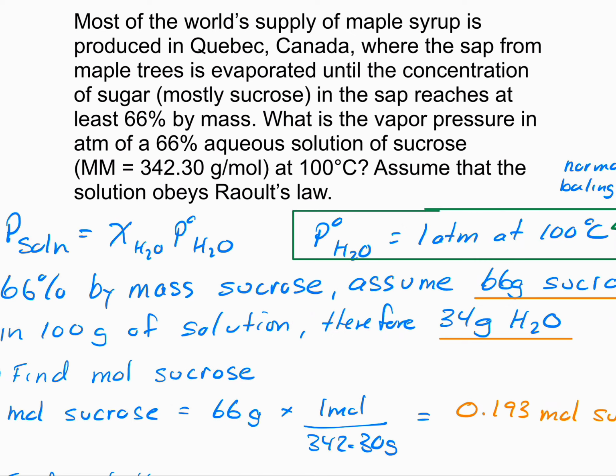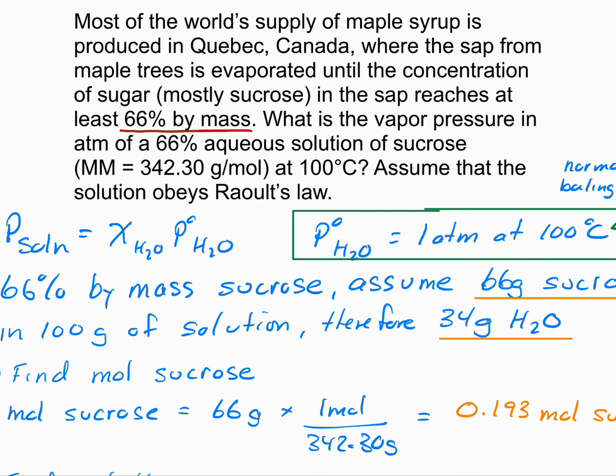All right, so most of the world's supply of maple syrup is produced in Quebec. We're given some information about how concentrated the sugar is, right? 66% by mass. And then we're asked what the vapor pressure is, in atmospheres, of a 66% aqueous solution of sucrose and water, right?